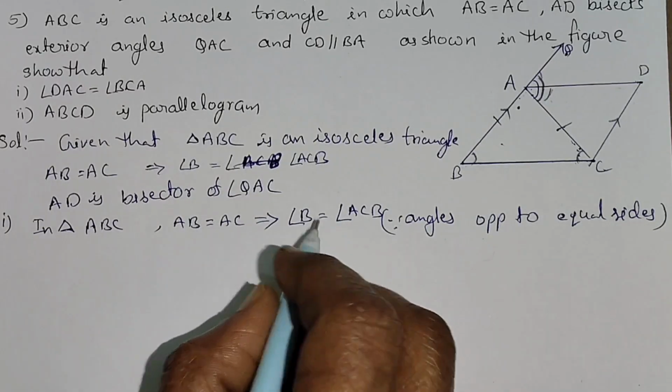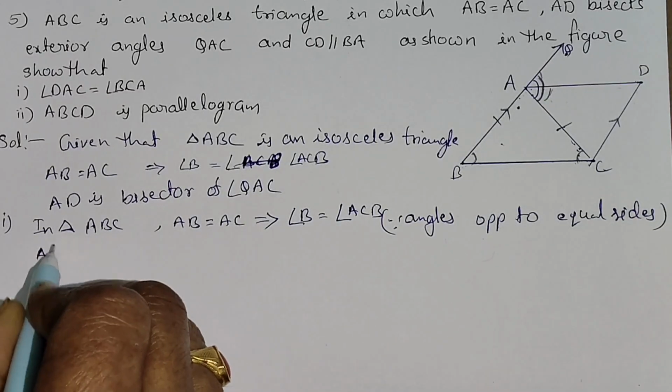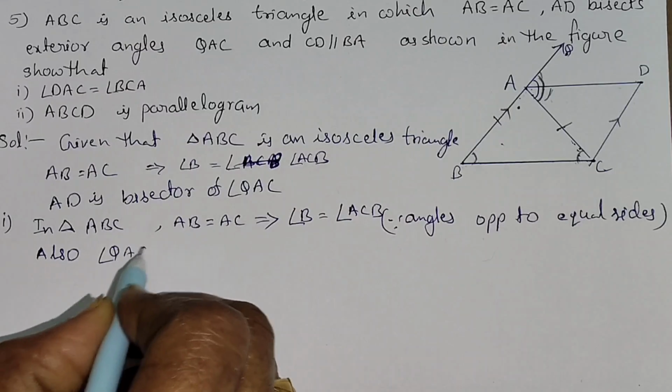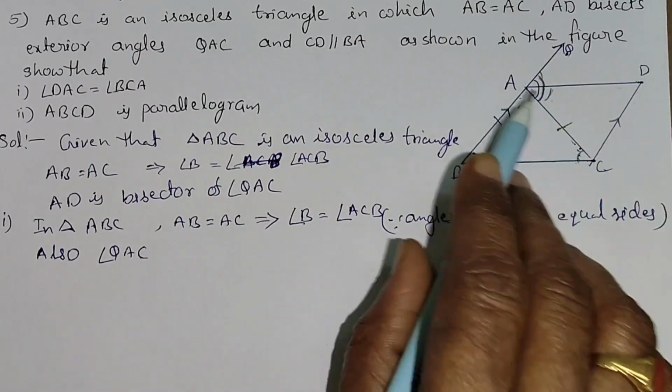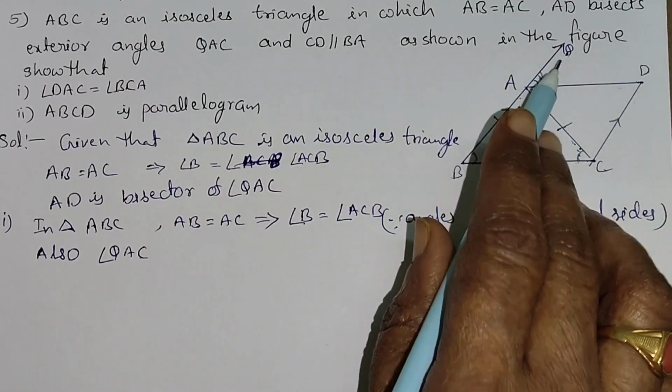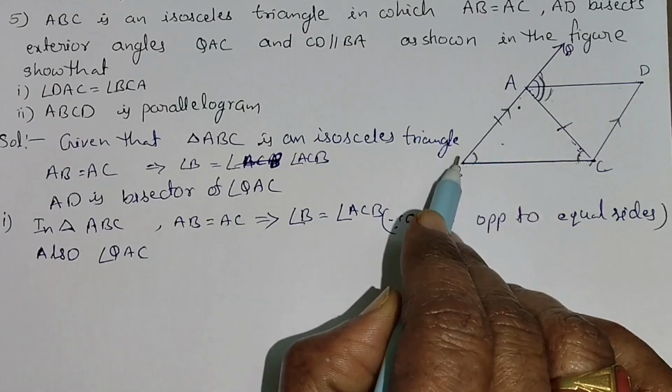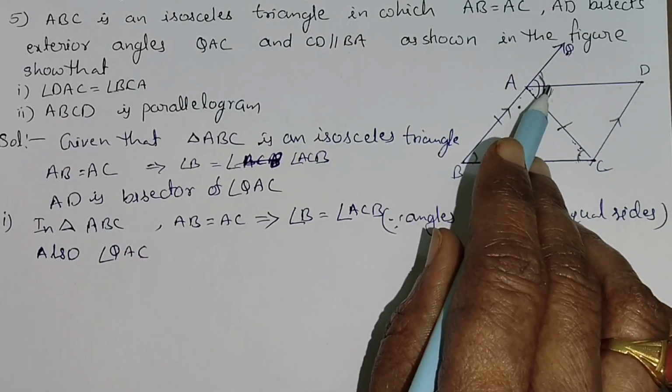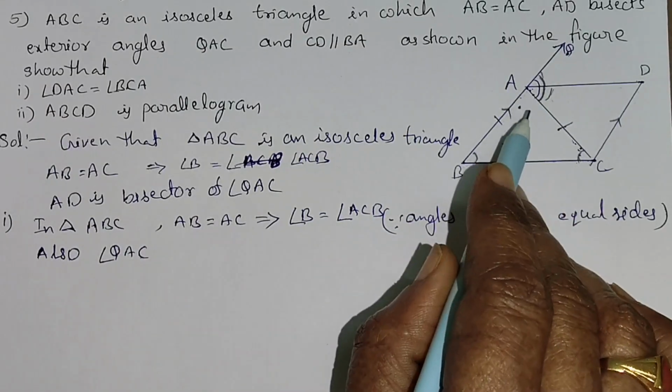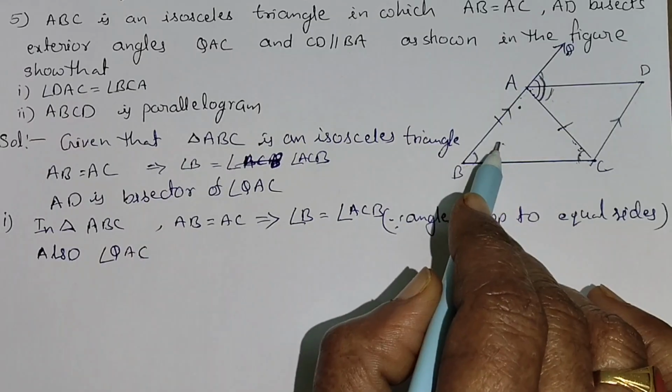QAC is an exterior angle of triangle ABC, and the exterior angle equals the sum of the opposite interior angles.